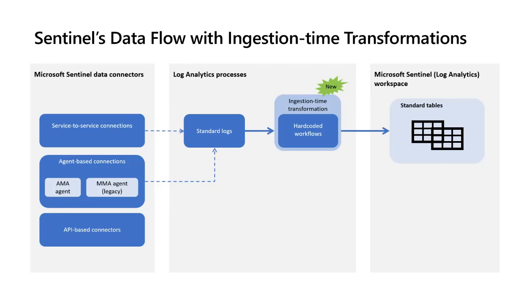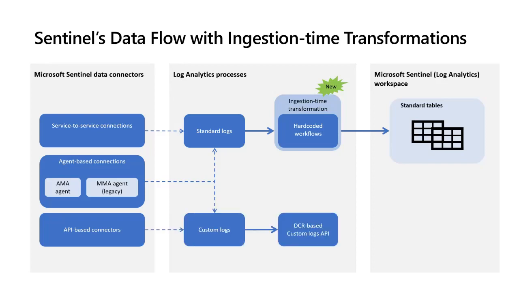The API-based connectors that we saw before that use the old Data Collector API still use the same kind of workflow, but now we call them the DCR-based custom log API. So it's a new API that is used for these logs, and it also comes with new capabilities. First of all, I can define the table schema, so that is not automatically parsed or determined by the Log Analytics engine.